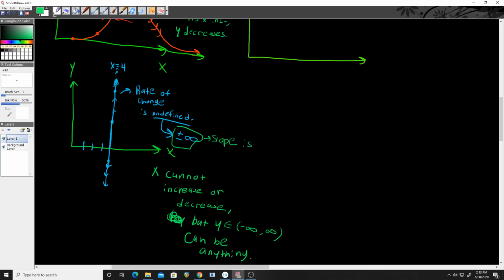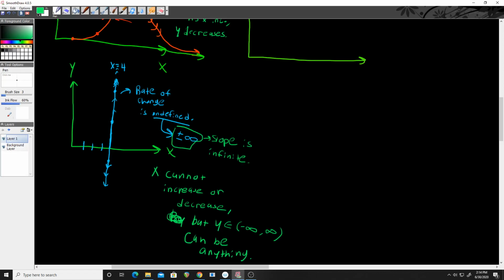Slope is infinite. And slope is just steepness, so a very easy way that we can understand this is, you cannot walk up a vertical wall, right? That vertical wall is infinitely steep. It's just straight up and down.